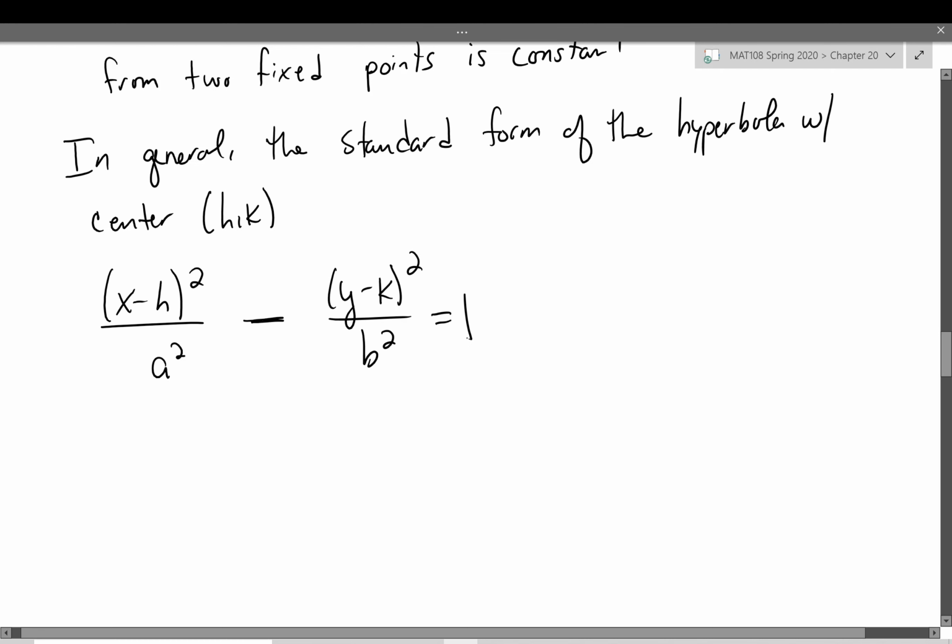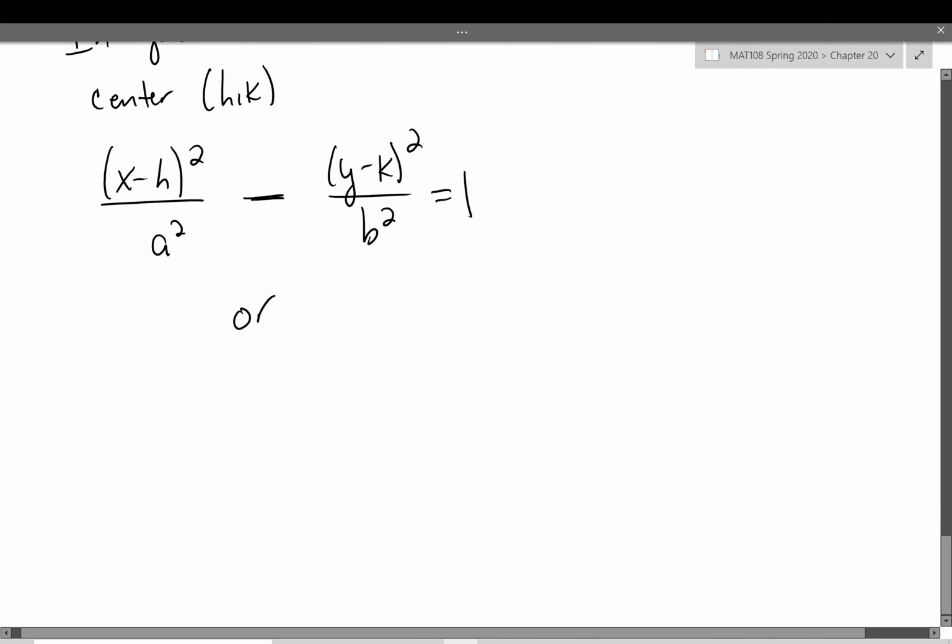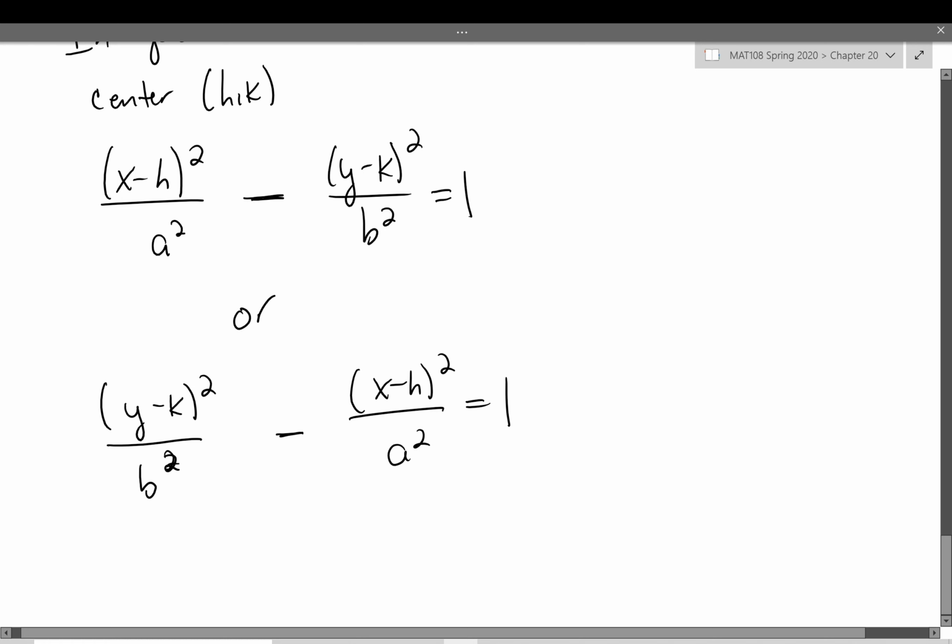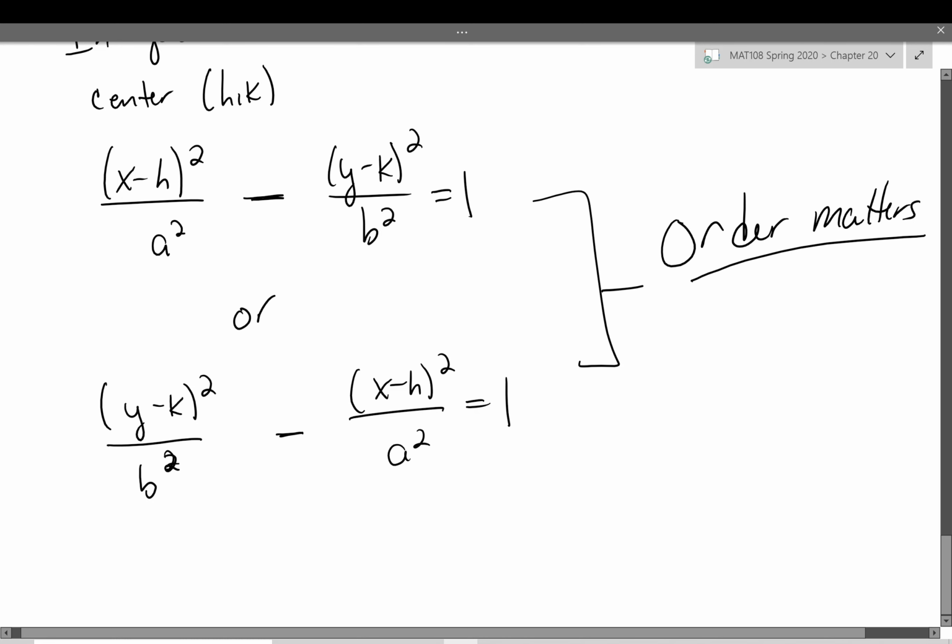Okay? Now, you can have this equation, or you can have (y − k)² over a² minus (x − h)² over b² equals 1. Sorry, this was supposed to be b squared. So here, order matters. Okay, the order matters, all right?